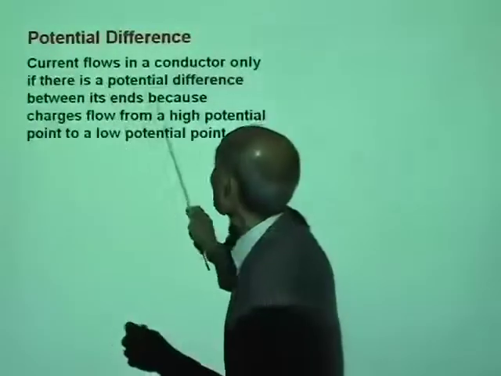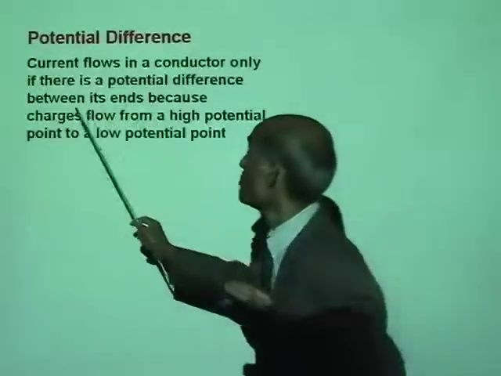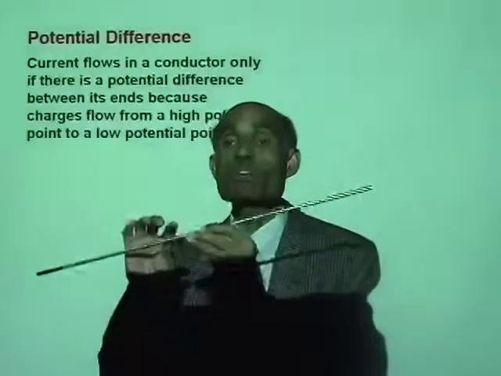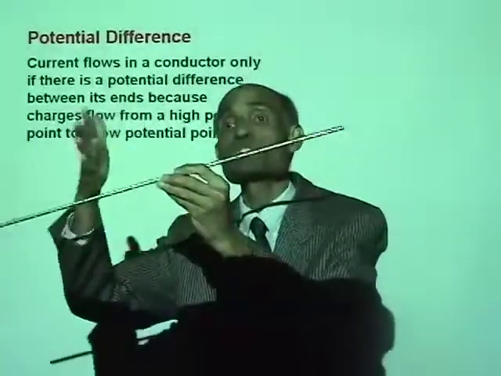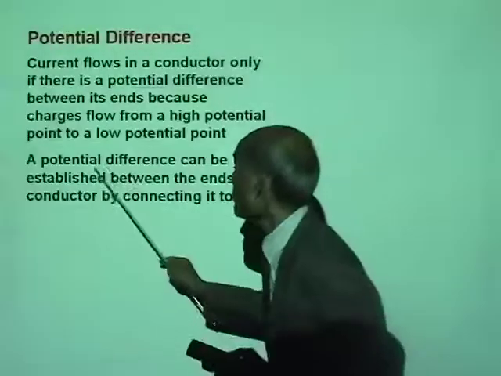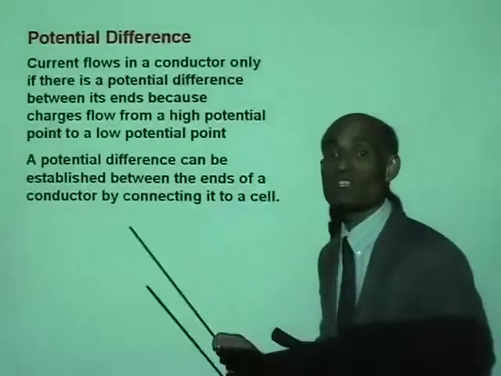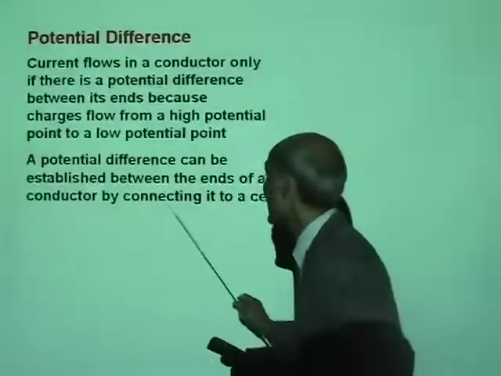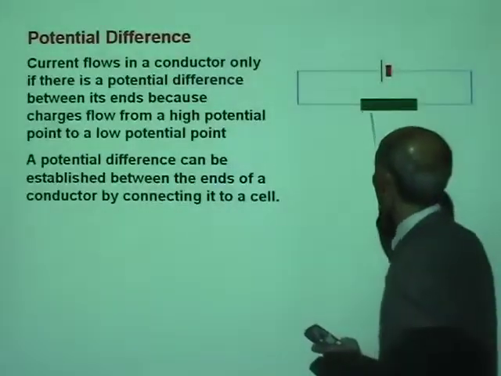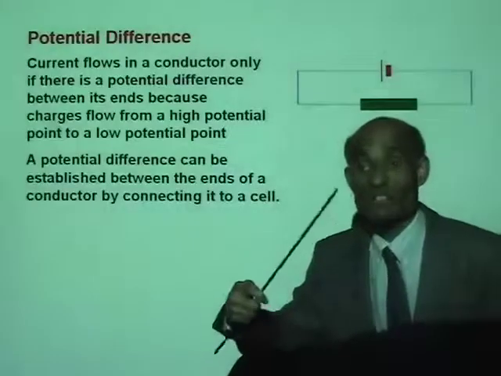So current flows in a conductor only if there is a potential difference between its ends, because charges only flow from high potential to low potential. Now, a potential difference can be established between the ends of a conductor by connecting it to a cell. Now here I have the diagram which is called the electric circuit.